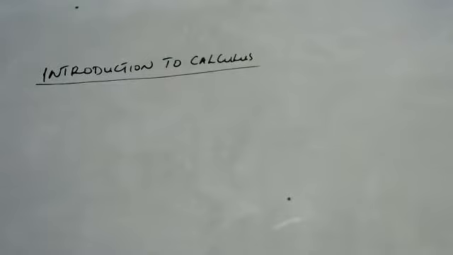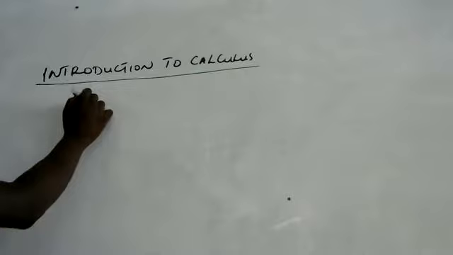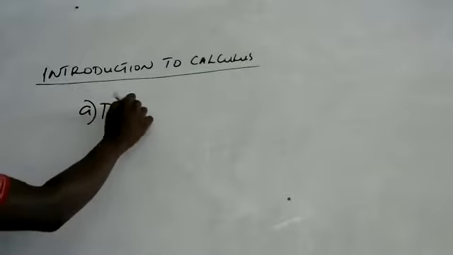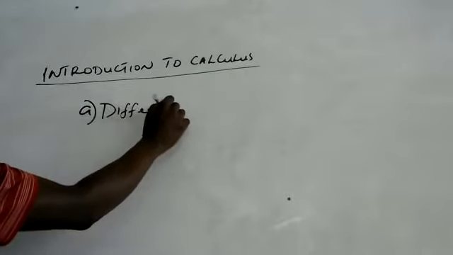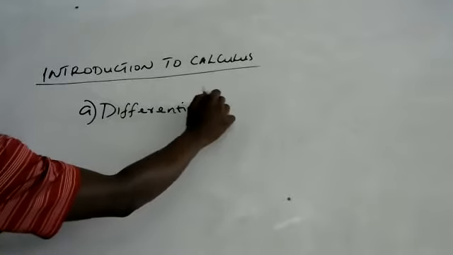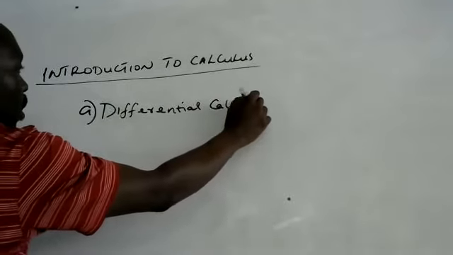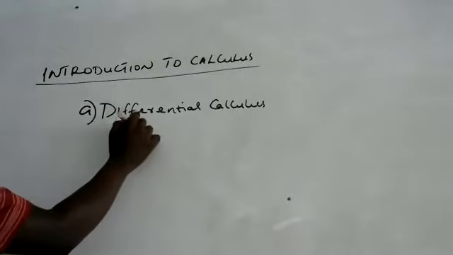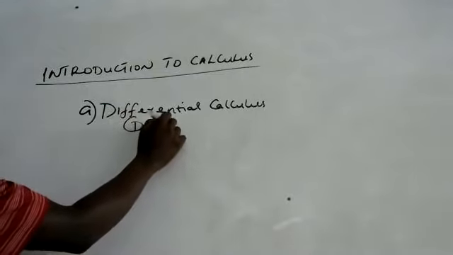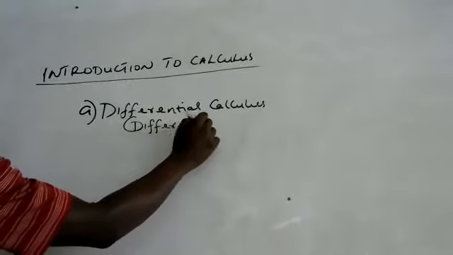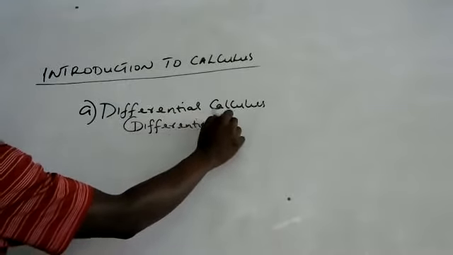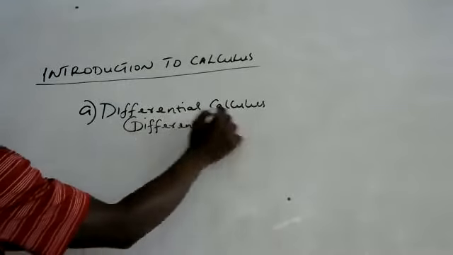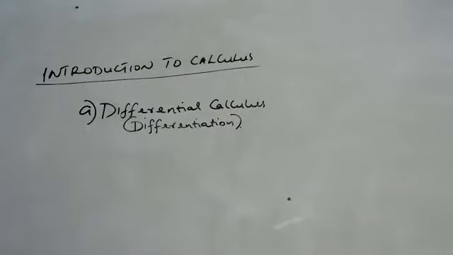The first one, A, is what we call the differential calculus, commonly known as differentiation.